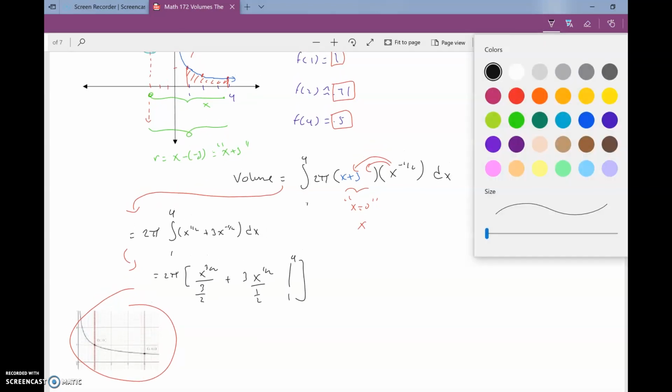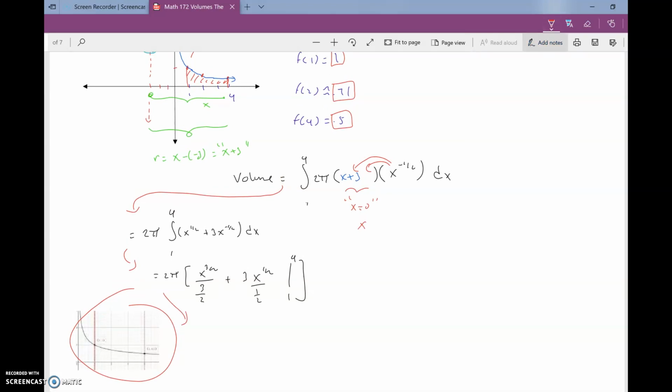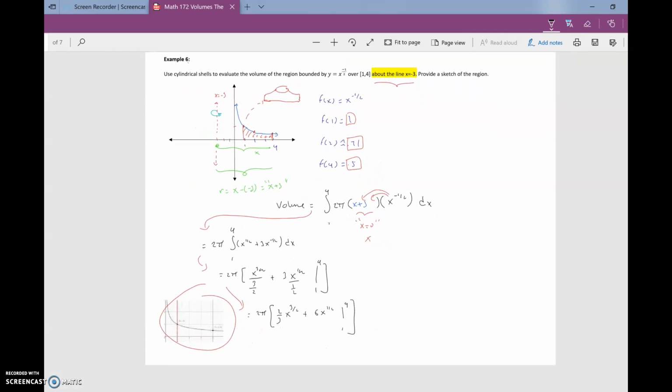So let me simplify the integral. This is 2 pi times 2/3 x to the 3/2 plus 6x to the 1/2 evaluated from 1 to 4. And let me double check. It'll be 2/3. Yep. Okay, so let's plug in the limits of integration.